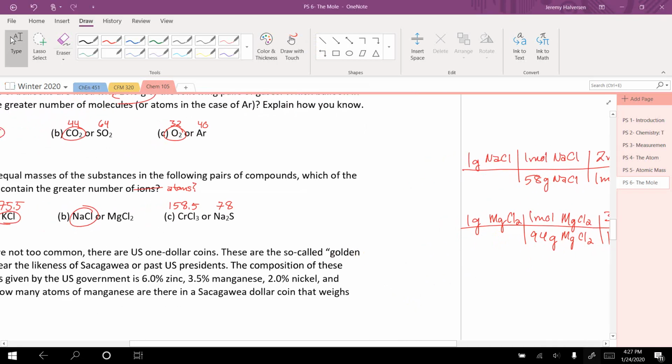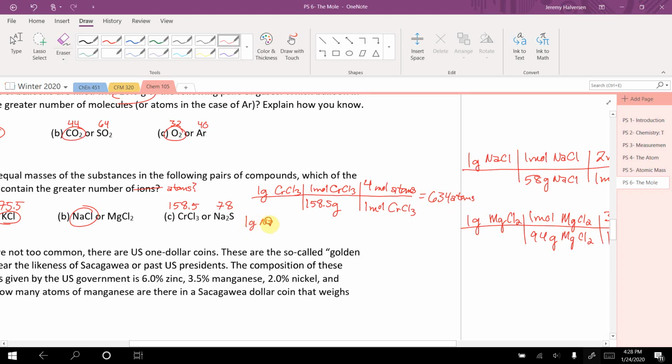Which means if we were to do something similar right here, if we had 1 gram of CrCl3, 1 mole has 158.5 grams, and 1 mole of CrCl3 has 4 moles of atoms, which would give me about 634 atoms.